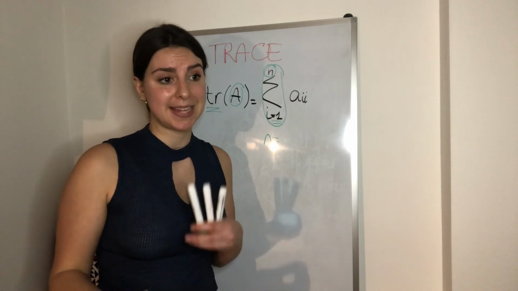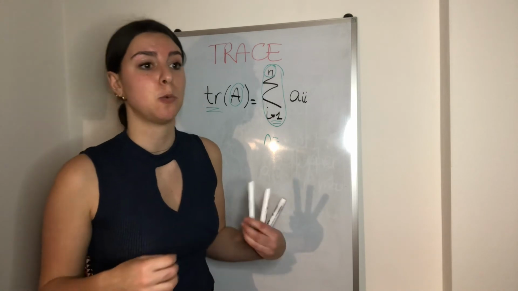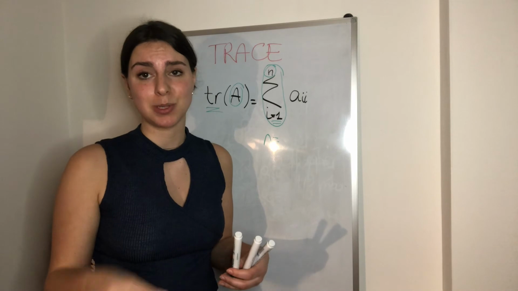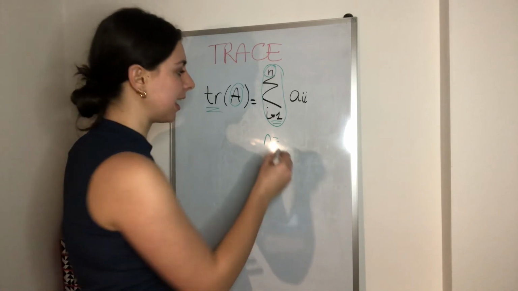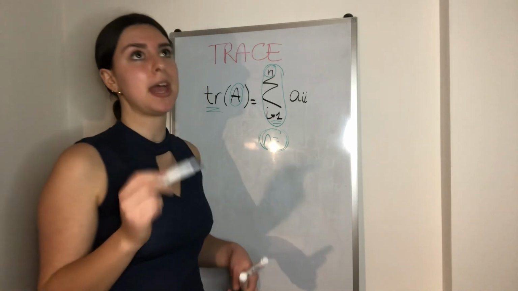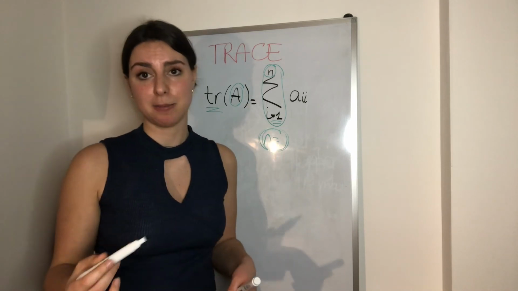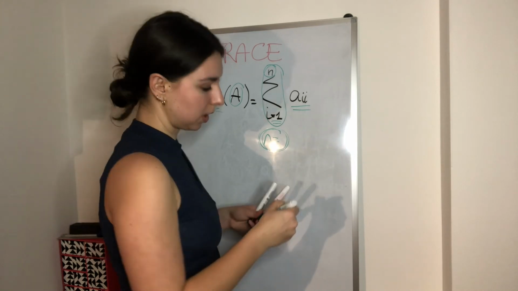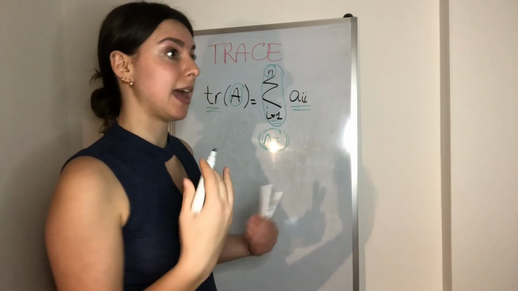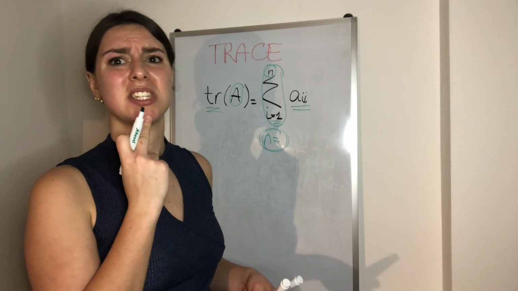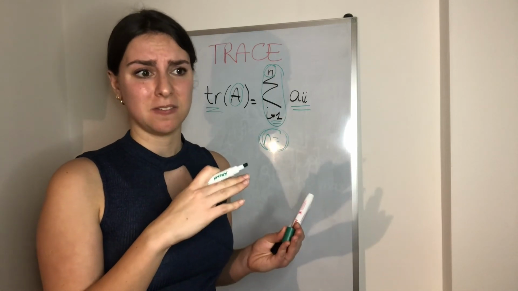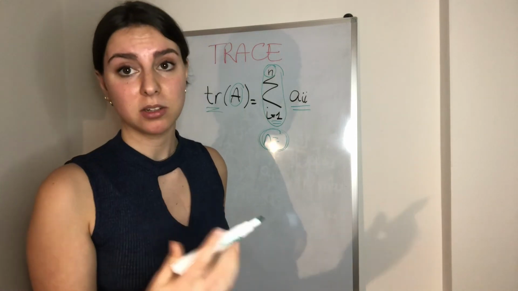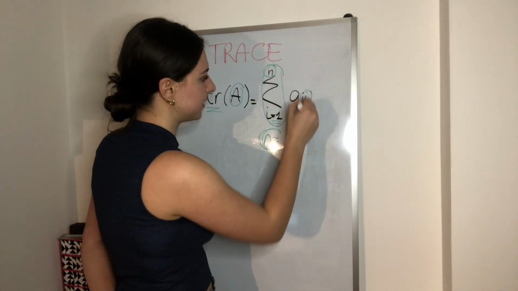So what we basically are saying is that we are going to sum all of the entries on the main diagonal until the very last element of the matrix. And we know that we are talking about the diagonal because, as we said at the start of this video, I think, the entries of the diagonal have the same index.